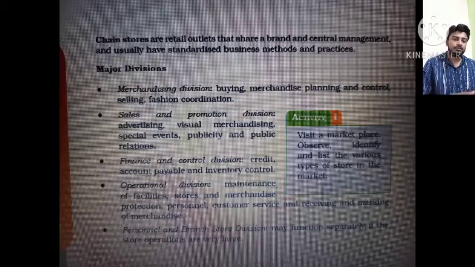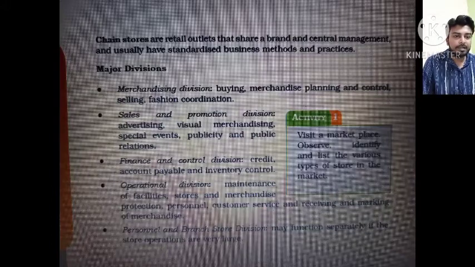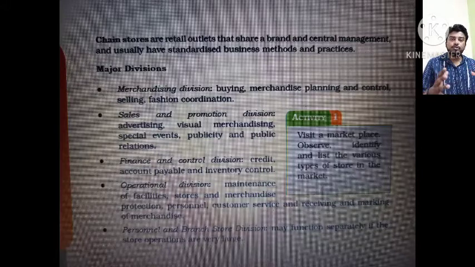The branch store division is also a small segmentation of the operational division. This may function separately if the store operations are very large. So when the store operations get huge, a part of the store operations gets separated and branch store divisions emerge from there. So these are the different divisions of the fashion retail organization.